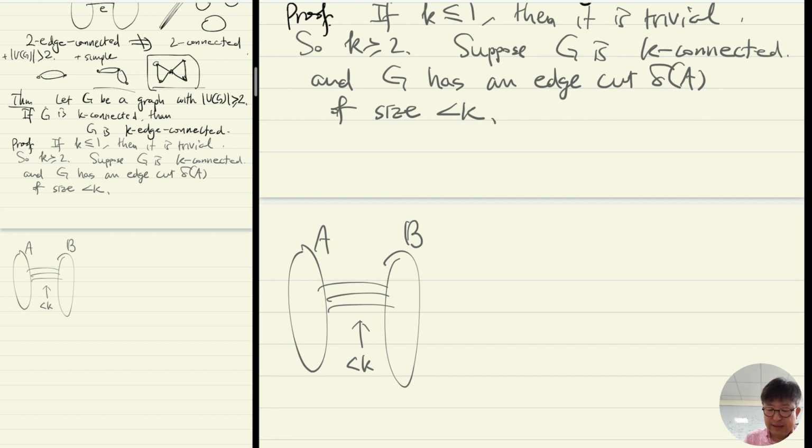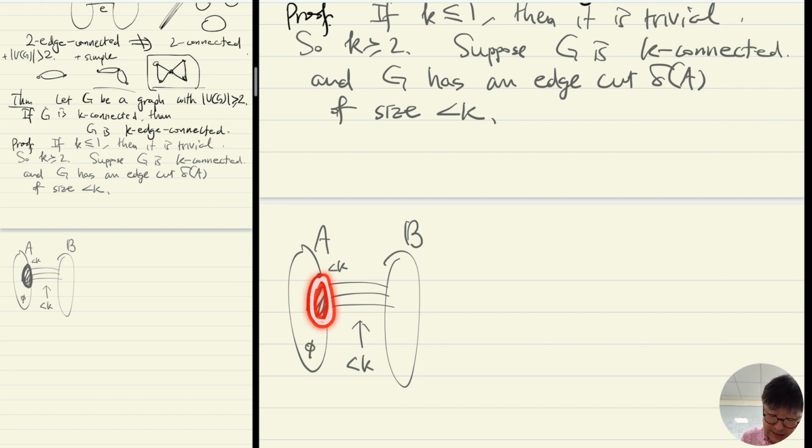Now, there are a number of cases to consider actually. Look at the set of vertices meeting all these edges along the cut. If this set is smaller than k, then I can try to delete it and the graph should stay connected. What does that mean? That means this part is empty, right?